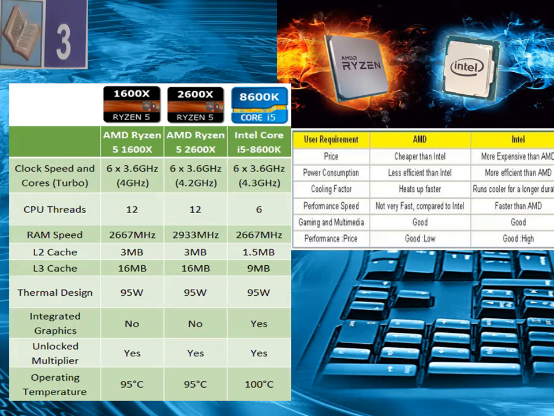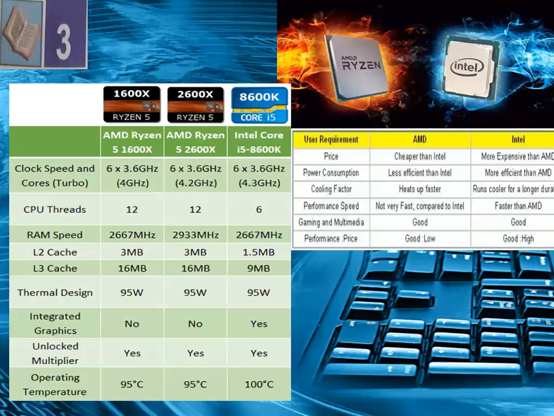In RAM speed, 2667 megahertz and 2933 megahertz. Level 2 cache is 3 MB and 1.5 MB, level 3 cache is 16 MB, and here we have 9 MB. Now we compare on the basis of price and power consumption.